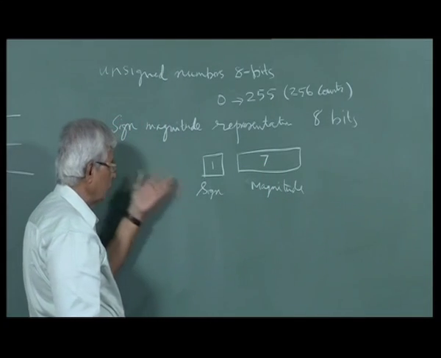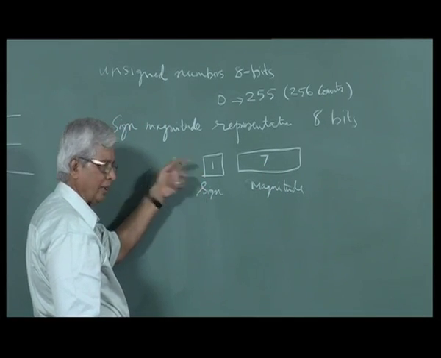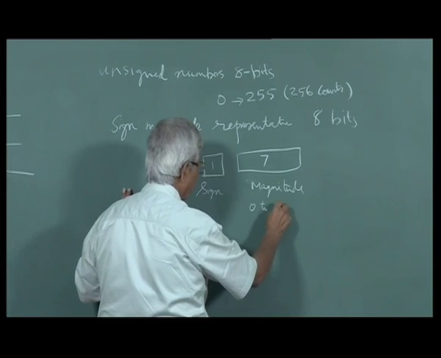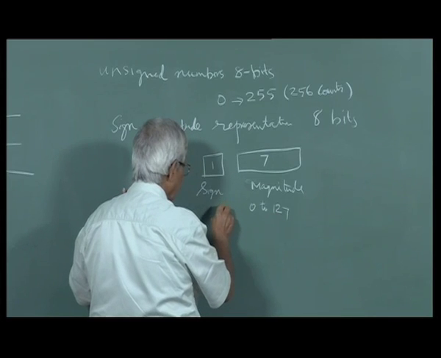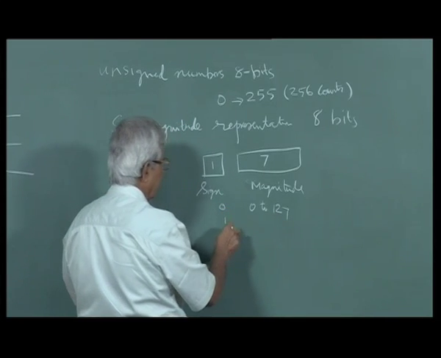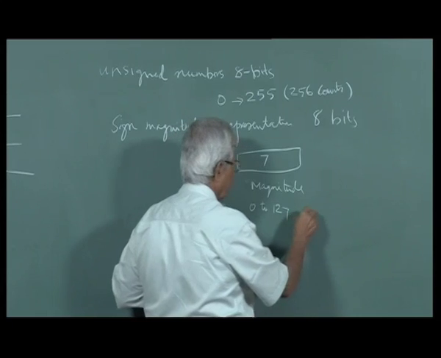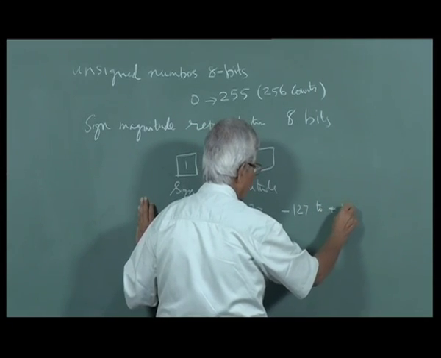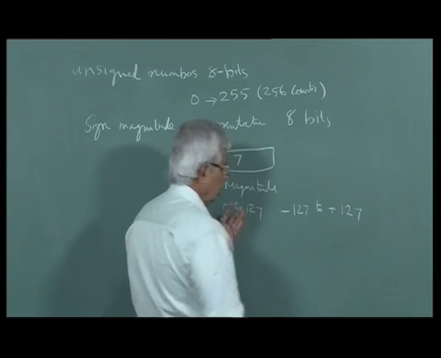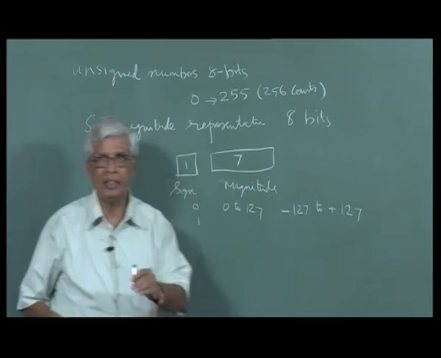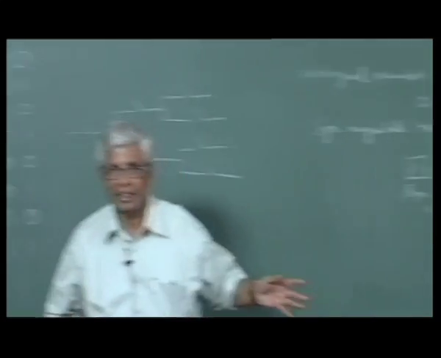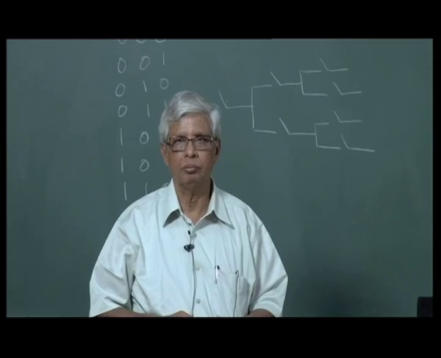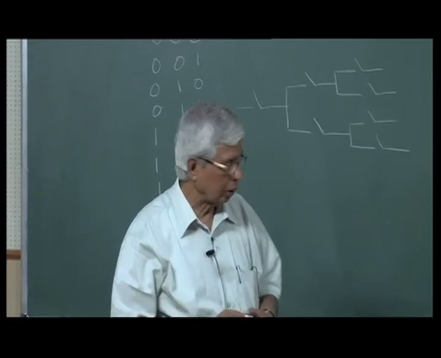So if it is 0, it is a positive number, if it is 1, it is a negative number. So I can have 0 to 127. It can be 0 or 1. So that is minus 127 to plus 127. Minus 127 to plus 127, there are only 254 levels, whereas I can have 255 levels, but that is what you do for sign magnitude. Then there is this one's complement.